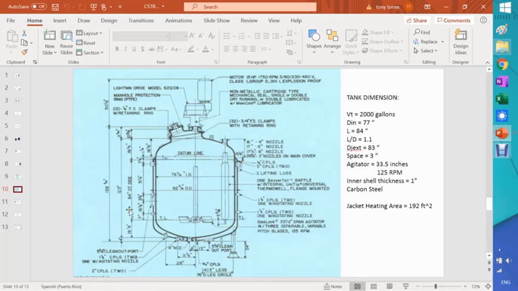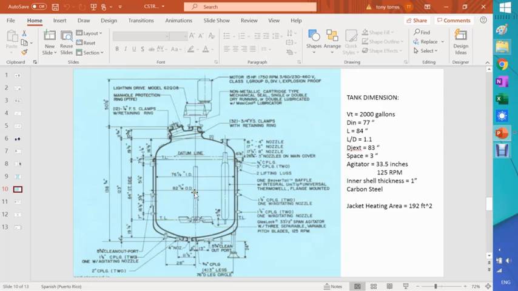You have, for example, the L value is about 84. You have the internal diameter, it's about 77 inches. You have the internal baffle, it shows this both here. It shows the size of the agitator, 33.5 inches, the 125 RPM, variable pitch, and so forth.